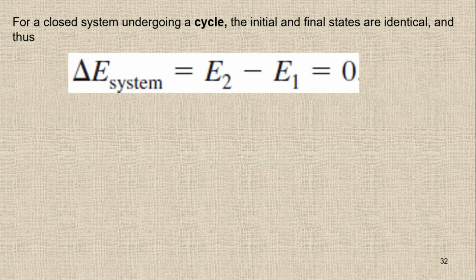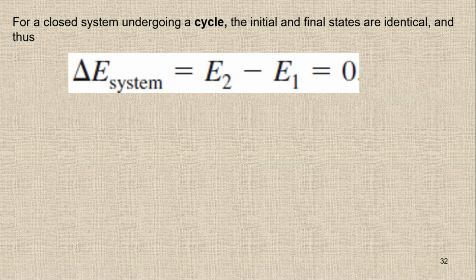For a closed system undergoing a cycle, the initial and the final states are the same. So it means that delta E system will be 0. If the initial and final states are identical, then there is no change in the energies of the system.